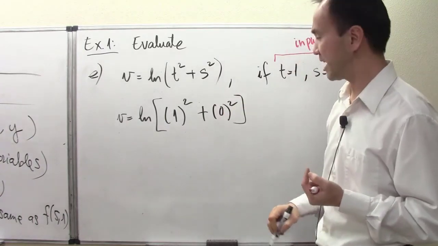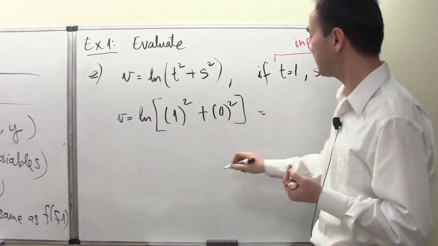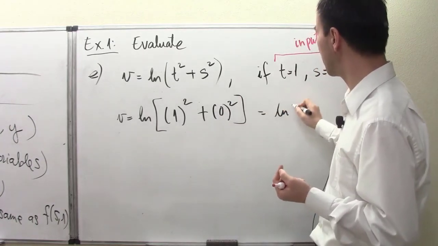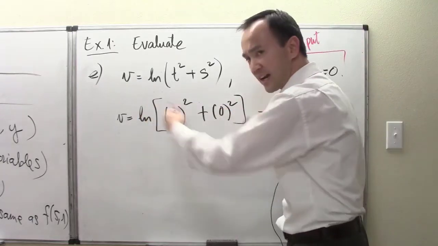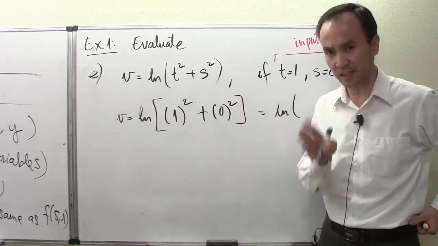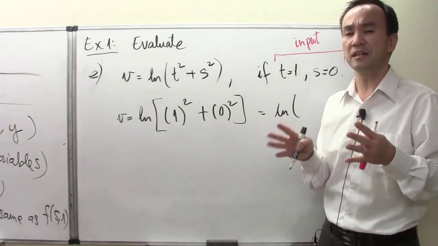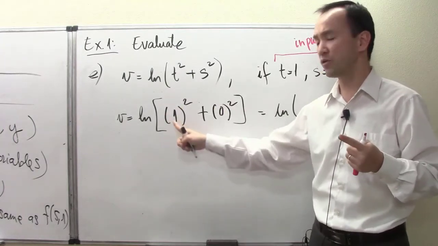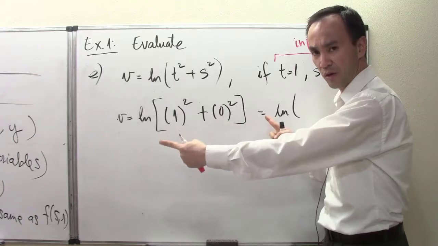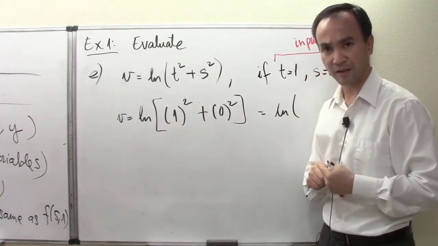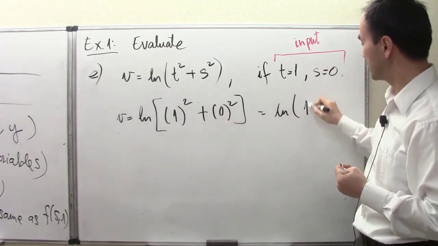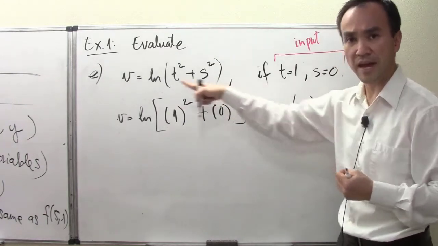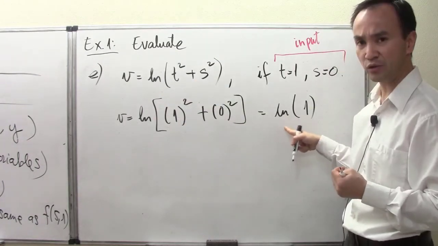And so that now gives me, in the next step for the calculation, the natural log of the inside. We work from the inside out right here. For anyone arriving at this lesson, your algebra should be solid enough for you to be aware that we work from the inside out when working with a logarithm. And so 1 plus 0 is 1. So this problem, looking big at first, now reduces down to the natural log of 1.